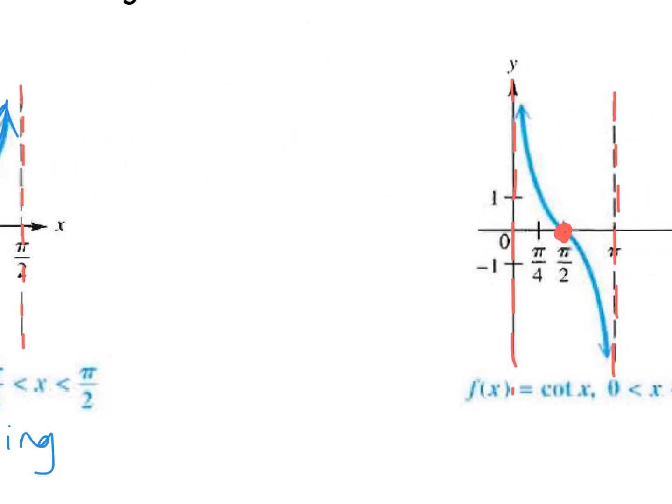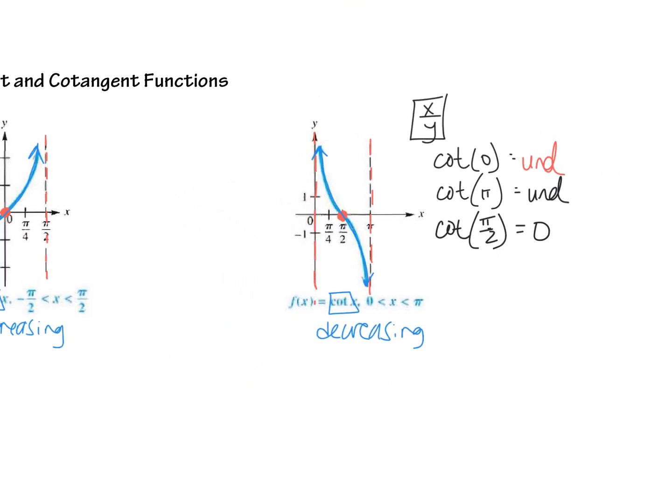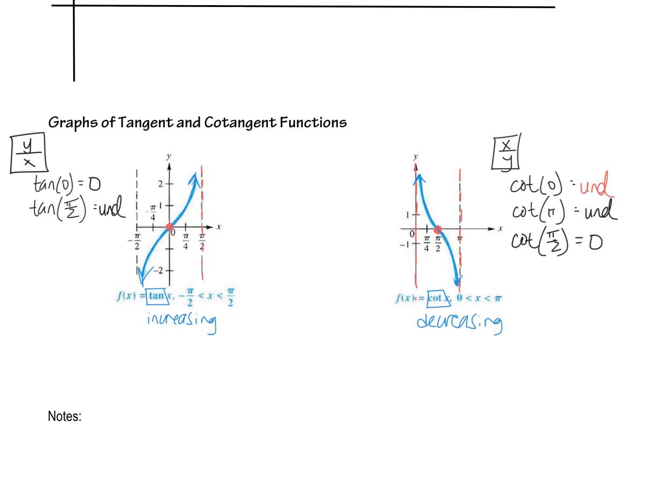So on the flip side, we have cotangent. It's the opposite. Cotangent is a decreasing function. That means from left to right, it's going down. Okay, that's another way to remember the difference between the two. Okay, so those are just some thoughts for you. Go ahead, turn the page. I have some notes for you to write down, and then I will do the next two examples.